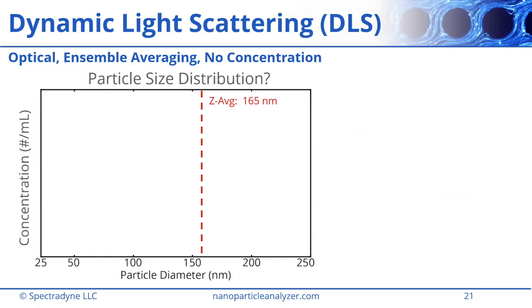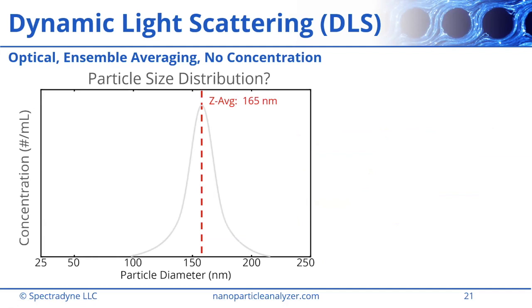Why is that? Well, the reason is that many different size distributions can lead to the same Z average measurement. For example, we would love for the sample to look like this, a well-defined particle size distribution with a center at 165 nanometers. But remember, we're not getting concentration information from the dynamic light scattering.